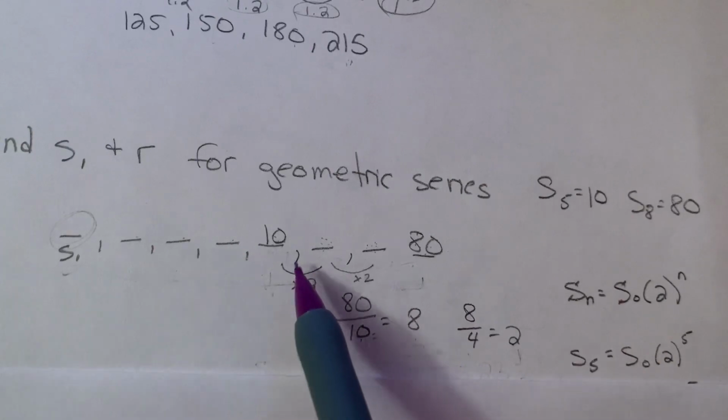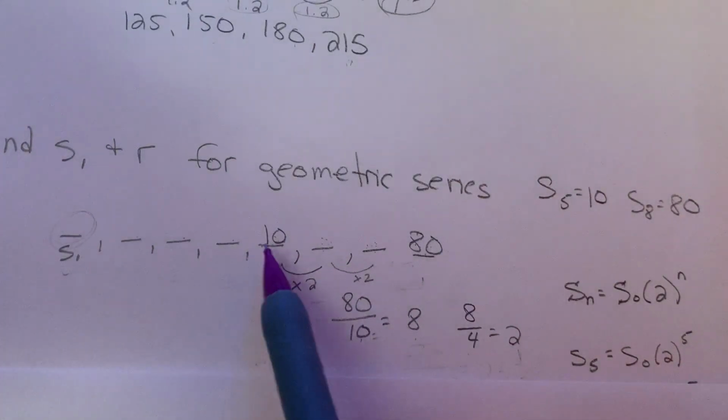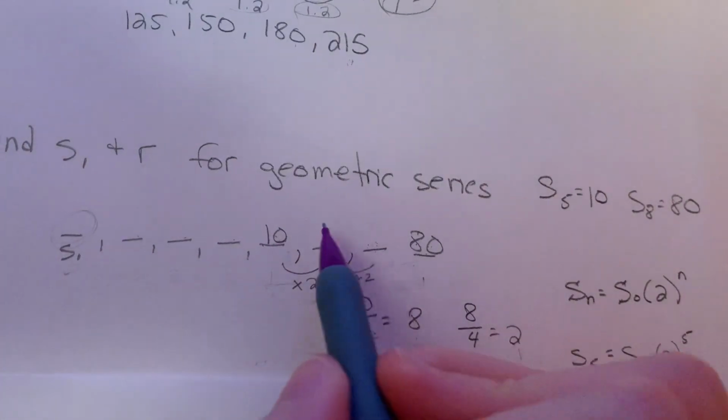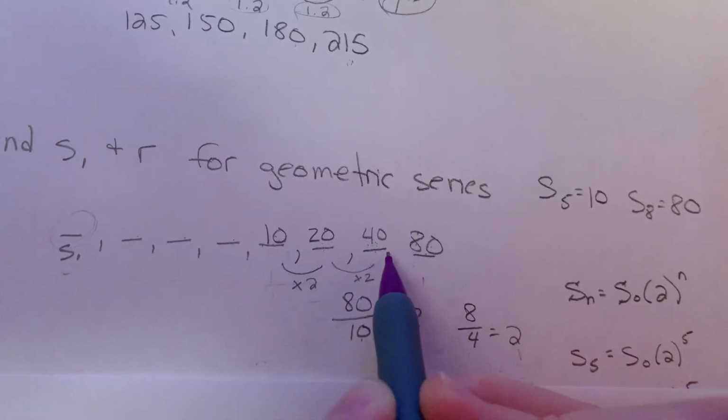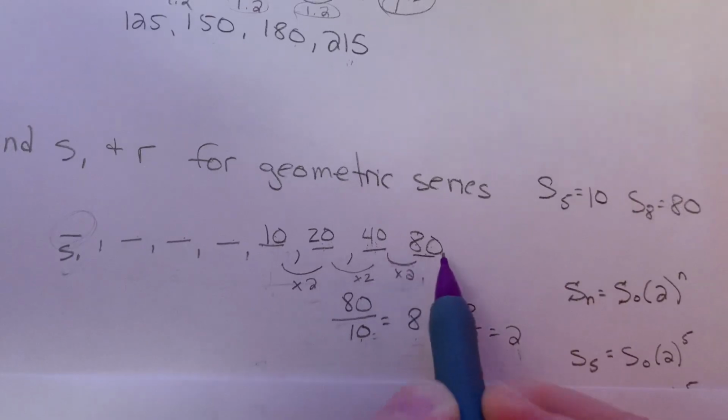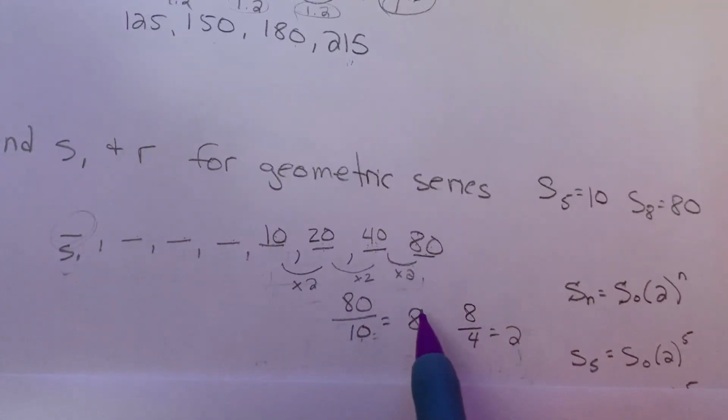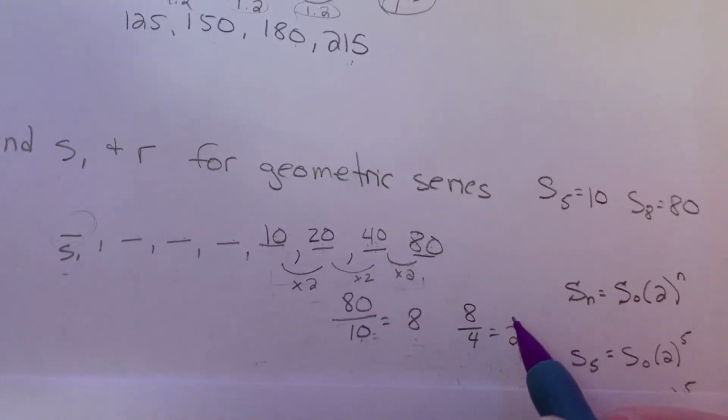And if you try this, 10 times 2, I would get 20. Times 2 again, I would get 40. Times 2 again, I would get 80. So this is looking like 2 is my R. That's what you're multiplying by every time.